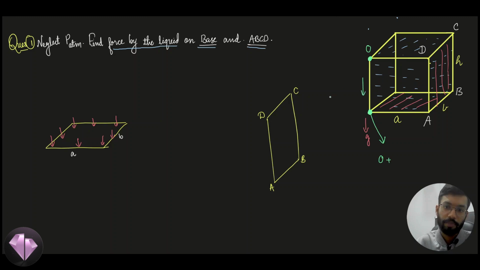Let me write that. dP/dY is equal to rho into g. So the pressure gradient along this direction is constant, rho g. So I do not have to do any integration here. I can directly write it as rho g into height. The height is given to me as H. So the pressure at this point is rho g H.